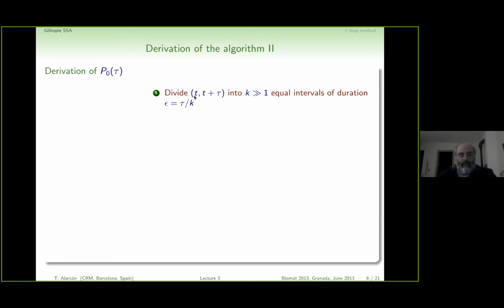To do this, we first divide this time interval into k equal intervals of duration epsilon equal to tau divided by k. We are going to take this as a sort of large partition, so we partition this interval in k subintervals of equal duration.